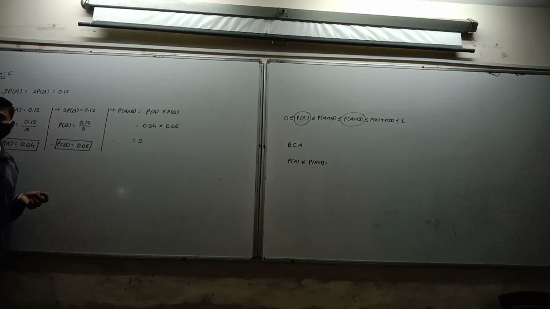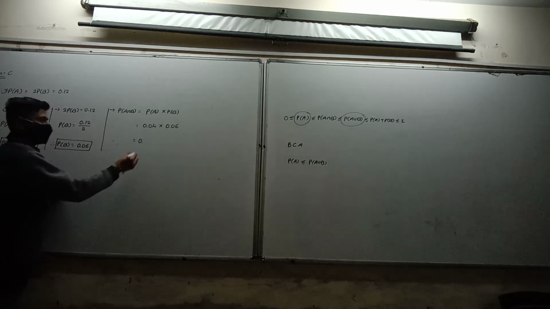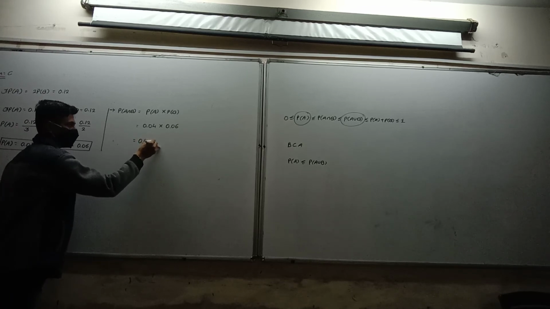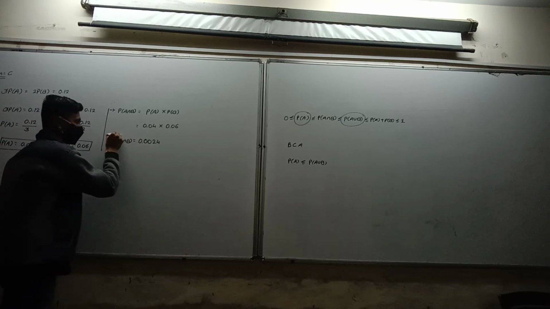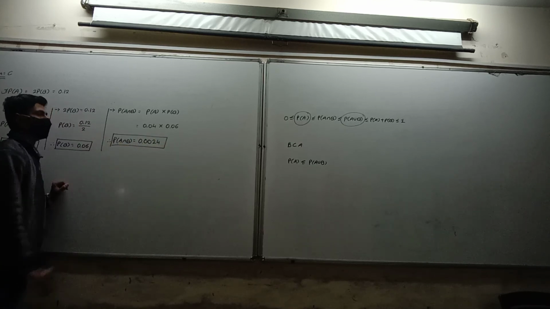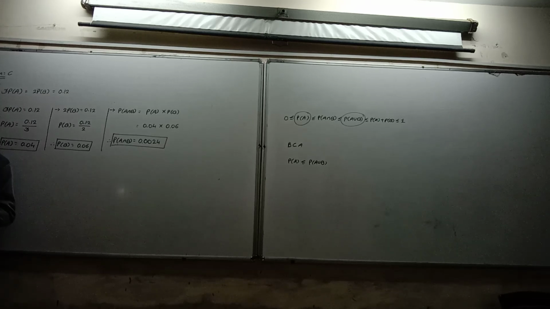So answer 0.0024. Check it. 0.0024 P of A intersection B. Write down question number 14.